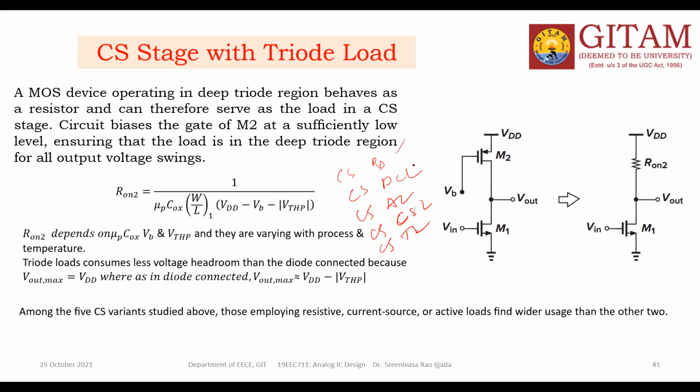Out of these 5 categories, those employing resistive load, current source load and active load are generally used more than the other 2. The other 2 are the triode load and the diode connected load.